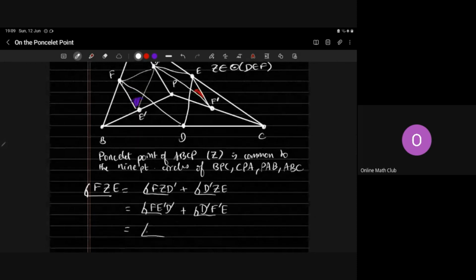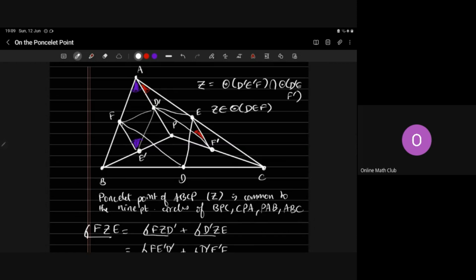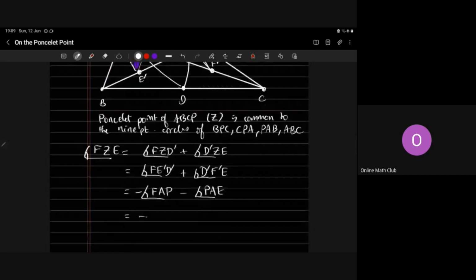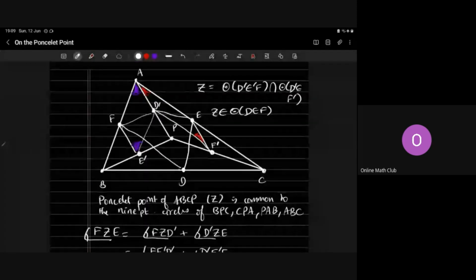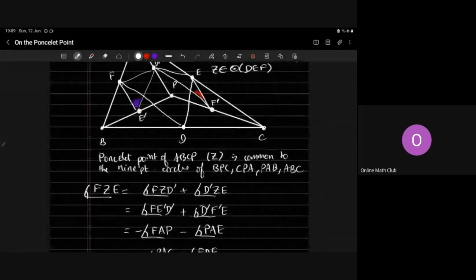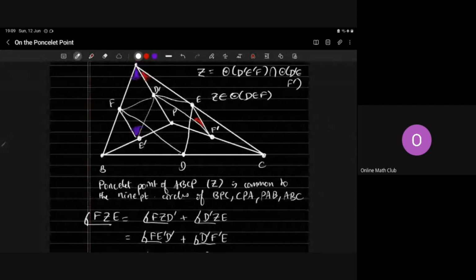I'll write that down. Minus angle FAE minus angle PAE equals minus angle PAC, which equals angle FDE. Yeah, so the 9-point circles of the 4 triangles have a common point. It's called the Poncelet point of ABCP.